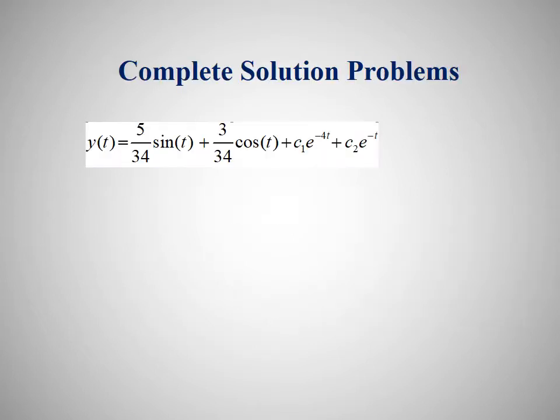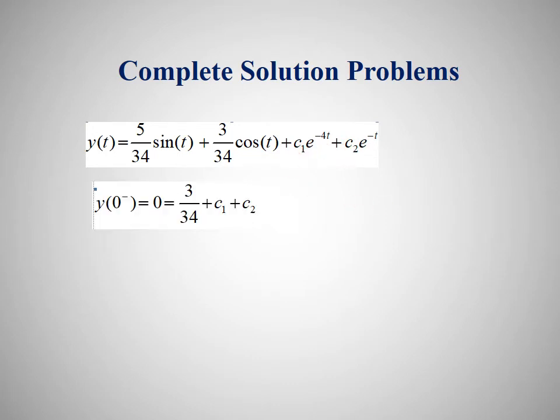In order to get the complete solution, we consider the particular solution and the homogeneous solution together. Hence, y of t is obtained as 5 by 34 sin t plus 3 by 34 cos t, which is the particular solution, plus c1 e power minus 4t plus c2 e power minus t, which is the homogeneous solution.